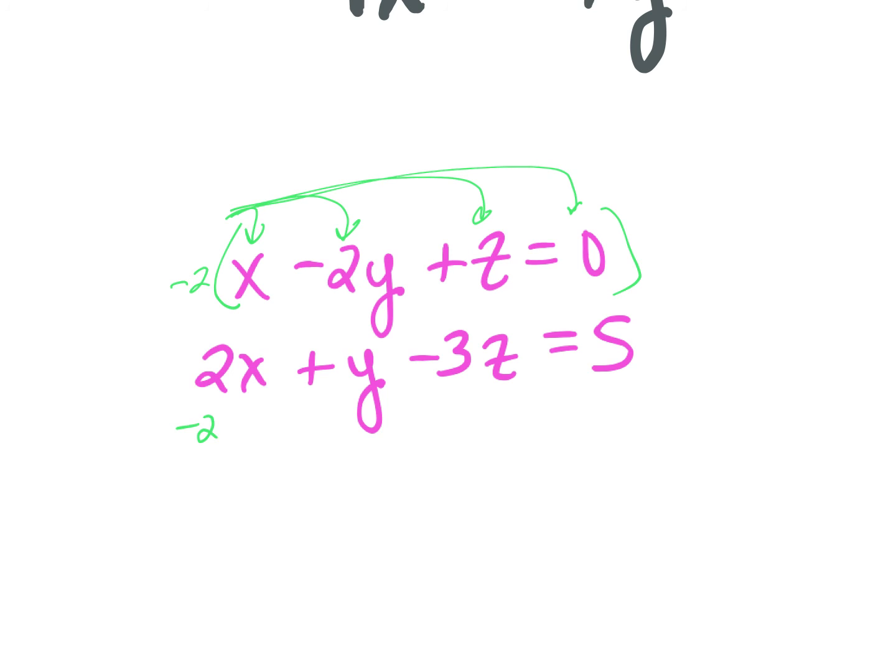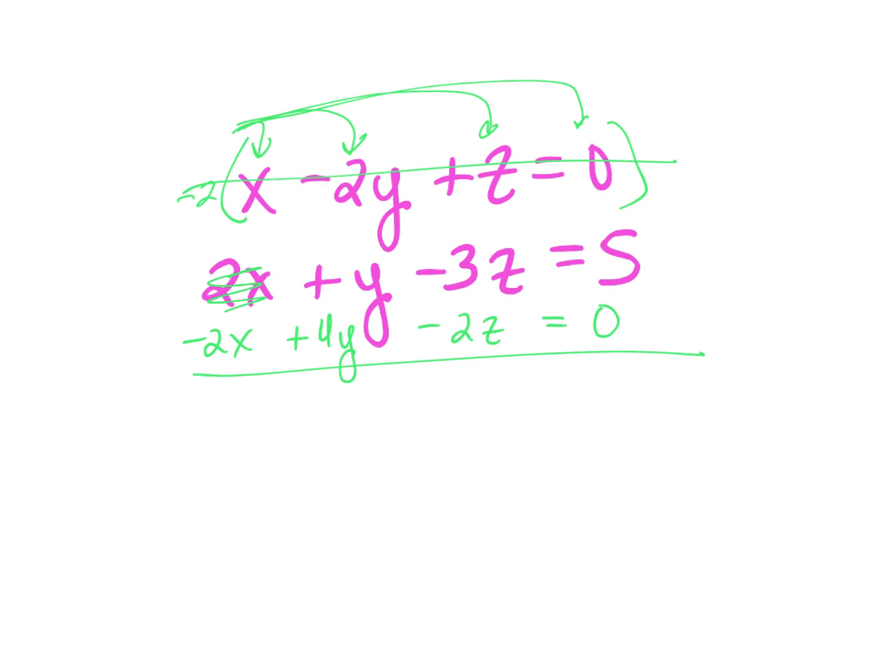So I have negative 2x plus 4y minus 2z equals 0. X's are going to cancel out. What's 1y plus 4y? 5y. And then a negative 3 and a negative 2 gives me minus 5z equals what?